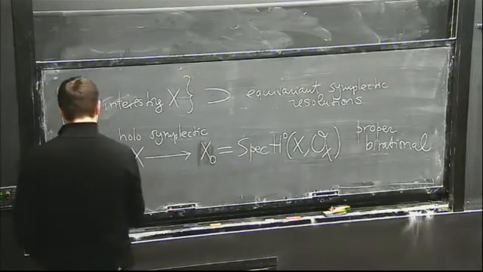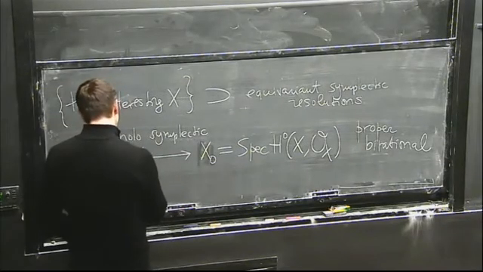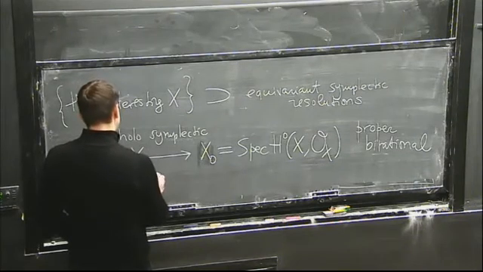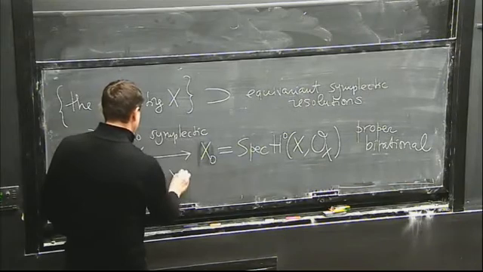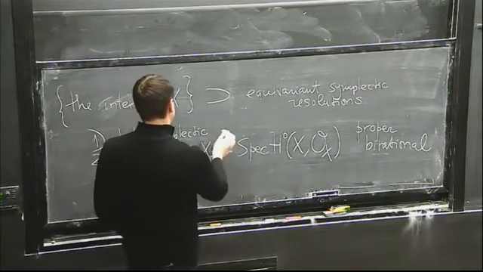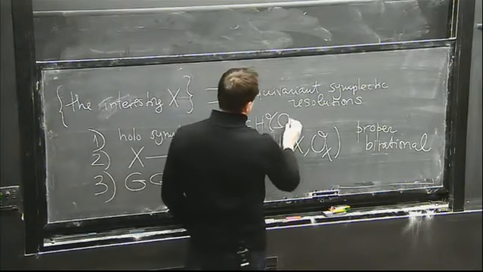And third, I'd like a group action, some kind of scaling, to act on X. So holomorphic symplectic means there's a symplectic form in H0 of omega of X.